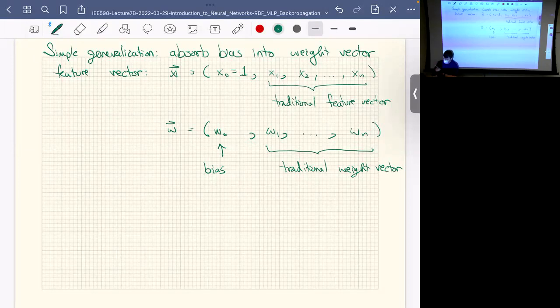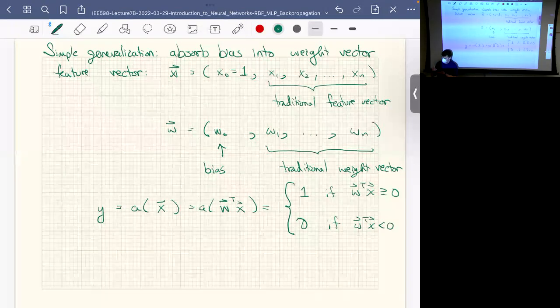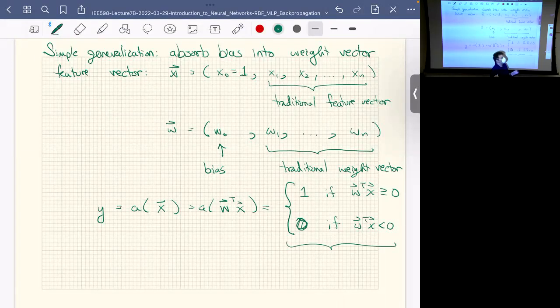So the output y is equal to the activation function of w x, which will just be 1 if the dot product is greater than or equal to 0, and 0 otherwise, which is basically equivalent to saying that the cosine is positive, right?